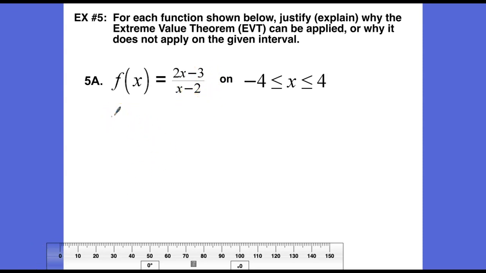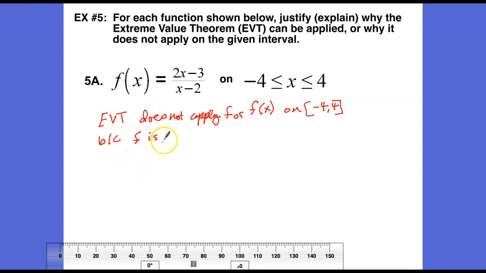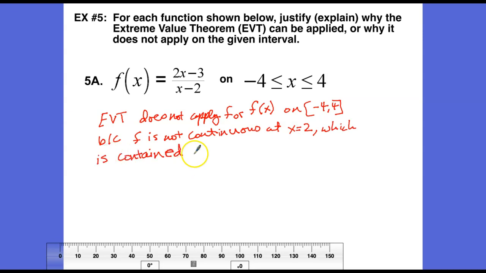The extreme value theorem does not apply for f of x on the closed interval from negative 4 to 4 because f is not continuous at x equals 2, which is contained on the interval.